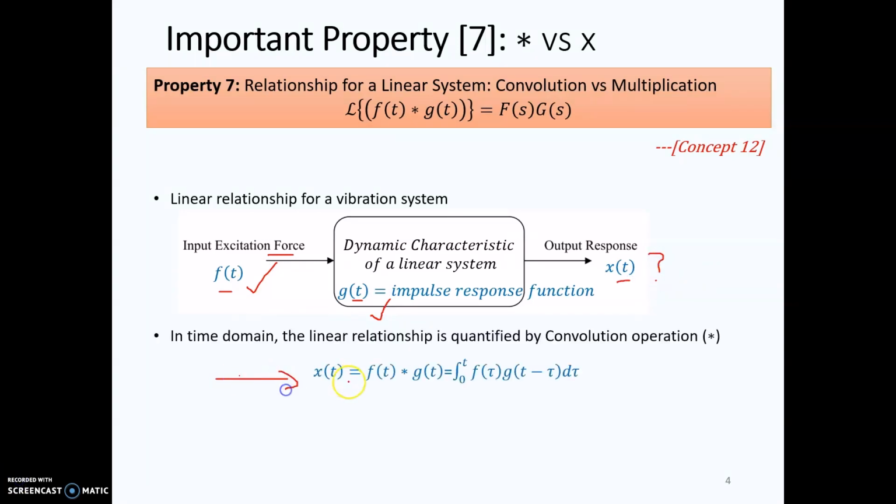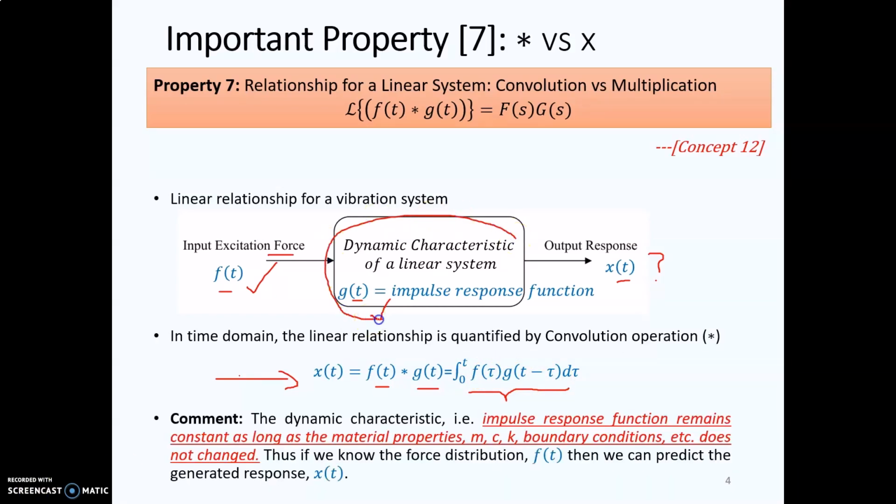For a linear system, x(t) can be written in this formula, where it is equal to f(t) convolved with g(t). In the integration format, you can write it from 0 to t with respect to d tau, and it becomes f(tau) multiplied with g(t minus tau).